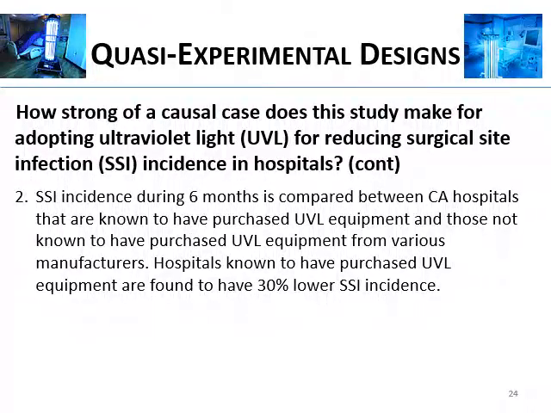The big flaw is they're not randomly assigned, right? They are choosing to buy the equipment, and what reasons are behind their desire to buy that equipment versus those who did not? Maybe the rates were lower from the get-go. Maybe they were 30% lower before they bought the equipment versus not. They're the richer hospitals or something like that.